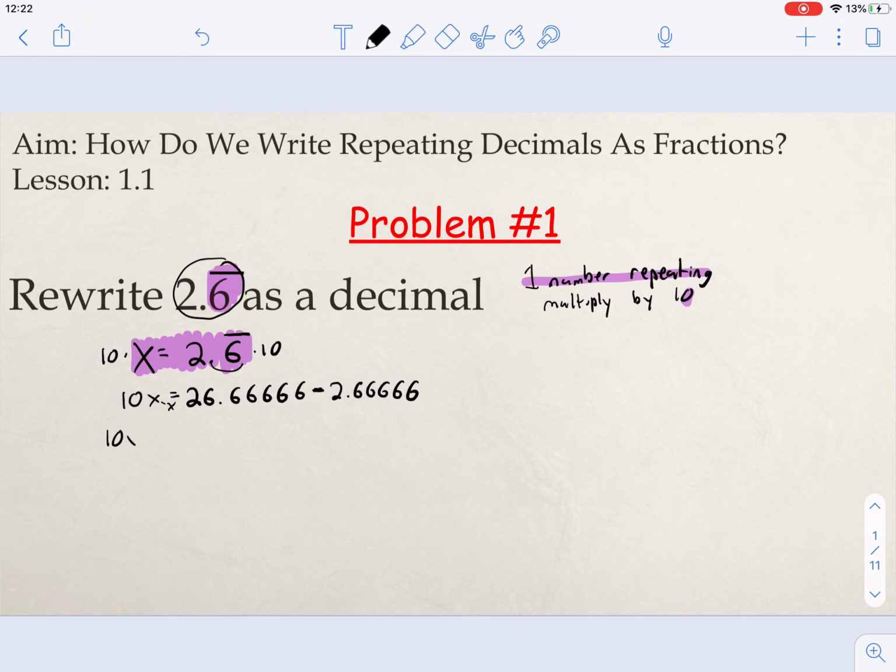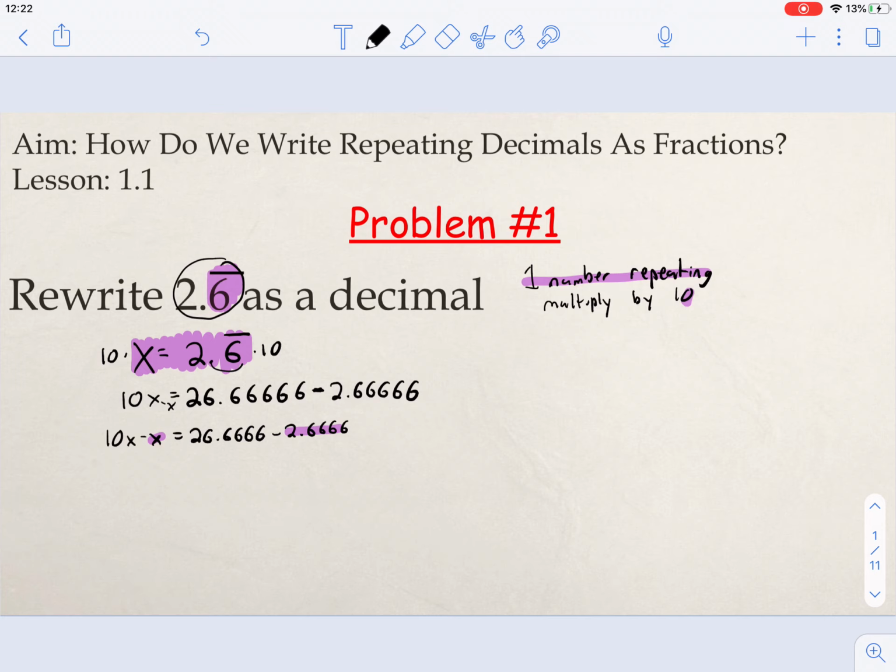So I'm left with 10x minus x equals 26.666, or 26.6 repeating, minus 2.666 repeating. And this works out because this 2.6 repeating and this x are the same thing. So I subtracted the same number from each side.